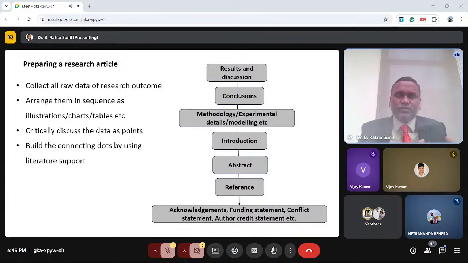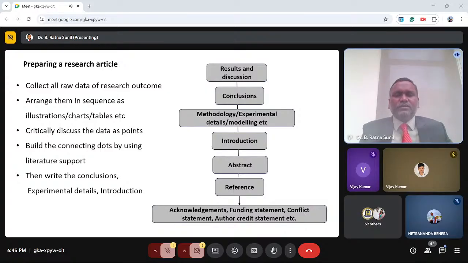So you build the complete discussion from the results. Then you write the conclusions from the observations. What conclusions you can make, right? Those conclusions, you finish it.